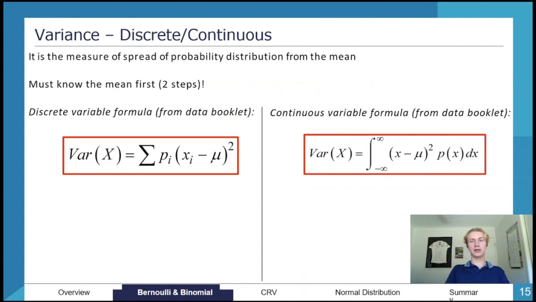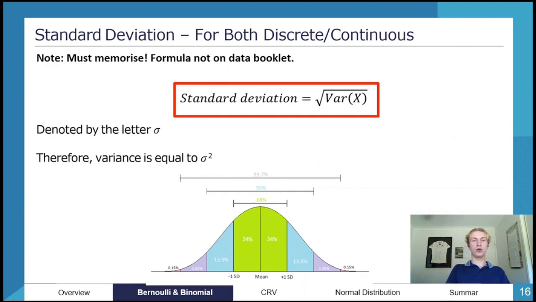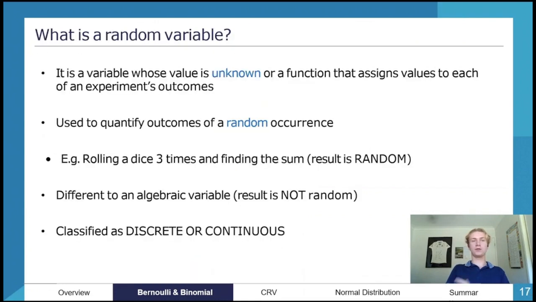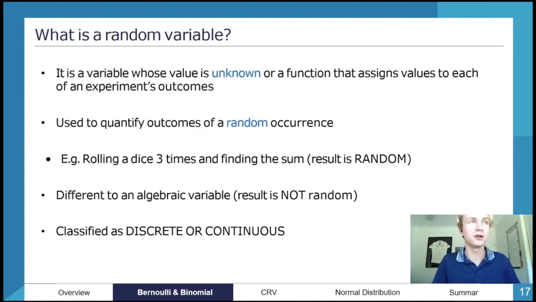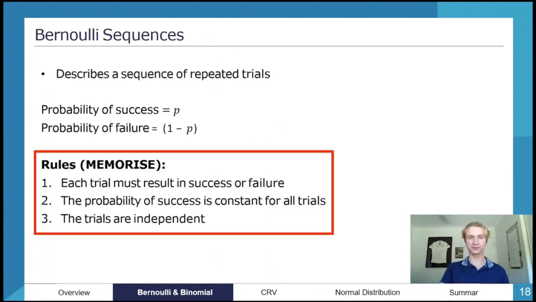For continuous, we integrate between the two values, whereas for discrete, it's actually given already what the probability is going to be. Sometimes it'll give you the probability of yes is 0.5, and ask what's the probability of no? It'll be also 0.5, so 1 minus that. But usually it's kind of like what you did in year 10, common sense, as opposed to having to plug in values as it is for your continuous variables.